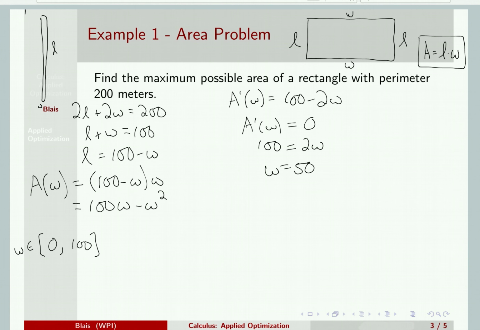Now we know this is a continuous function on a closed interval, and its maximum value has to happen at either a critical point in the interval or at the endpoints. So we need only check these 3 points.